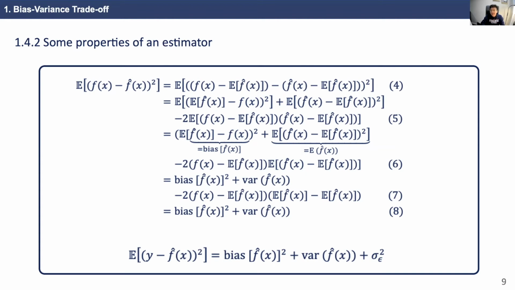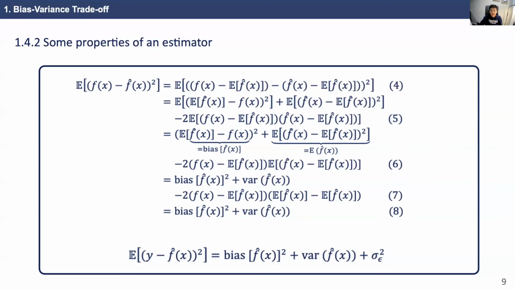Therefore, applying expectation to the squared bias, the expectation of (f hat x minus f x) squared, does not have any effect. In equation 6, we are able to pull f x minus the expectation of f hat x out of the expectation because, as we mentioned, it is just a constant value. Lastly, equation 7 holds because of linearity of expectation.